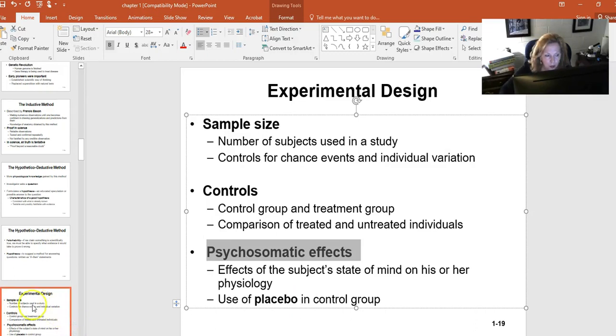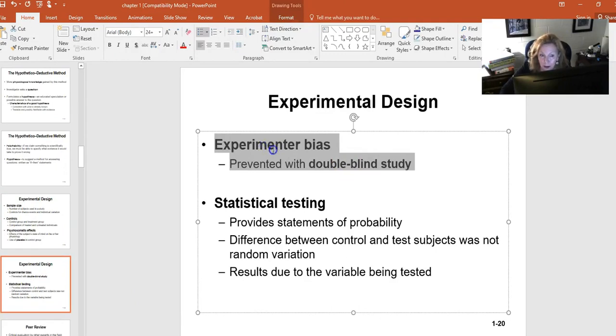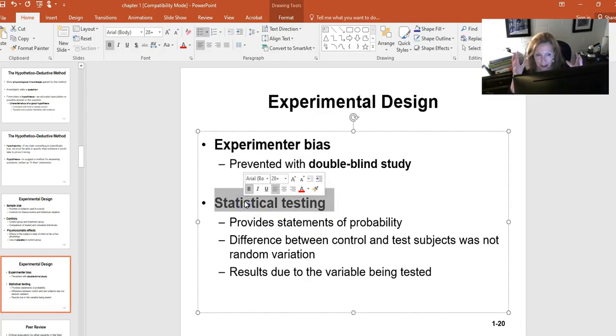But we have to try to remove that from experimental design. So as I said, the experimenter themselves sometimes will be blinded from the studies. And then because of the sample size being huge, at the end of the study, when we're making the conclusions from the test results, we can look at those numbers and have the numbers speak to us.